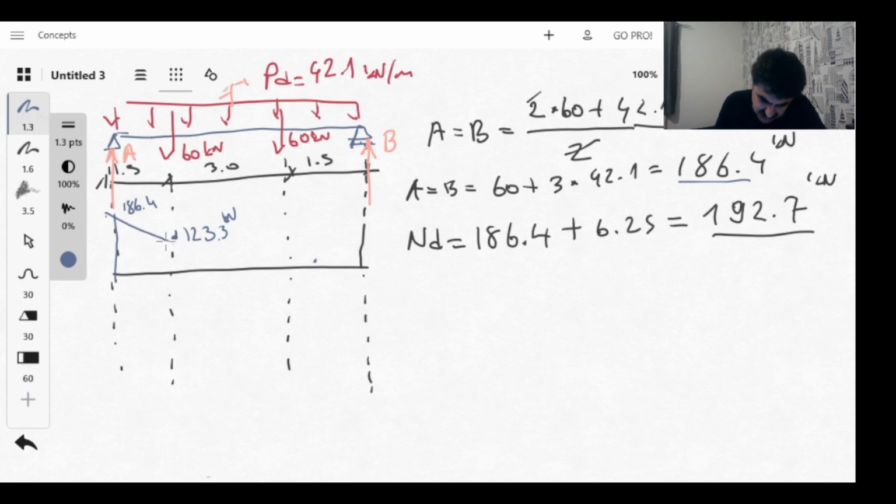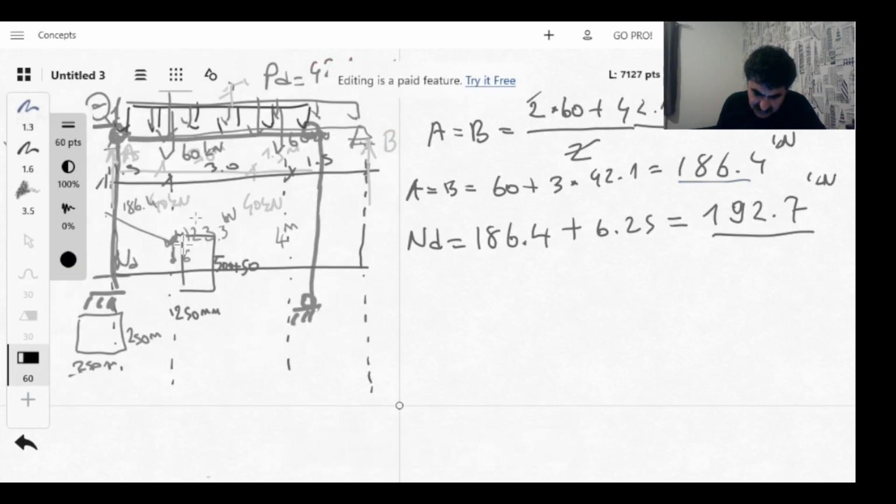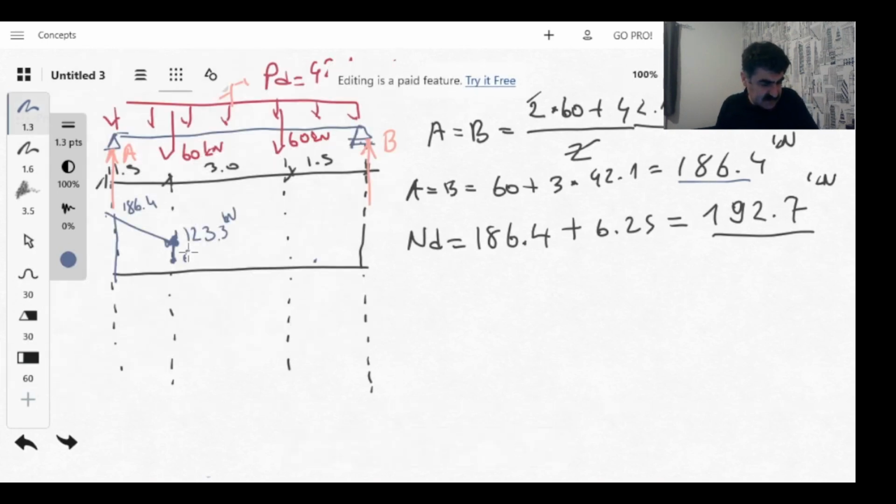Let me highlight the point like this. Here suddenly I have a 60 kilonewton point load. So if I subtract this 60 kilonewton, I will have 63.3 kilonewton.